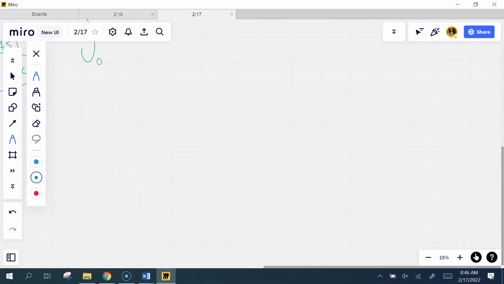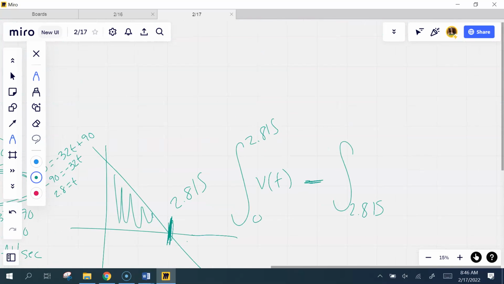And what did it have to go up to? 45 over 8. It's 2.182.